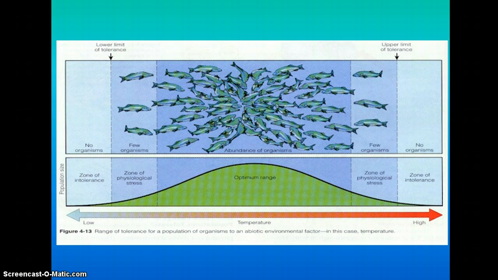So there's an optimum range for certain fish, optimal temperature. If they get out of those areas, you won't see the fish there because there won't be food. There won't be the right temperature. And if there's no food, there's no animals, so there'll be no one to mate with.